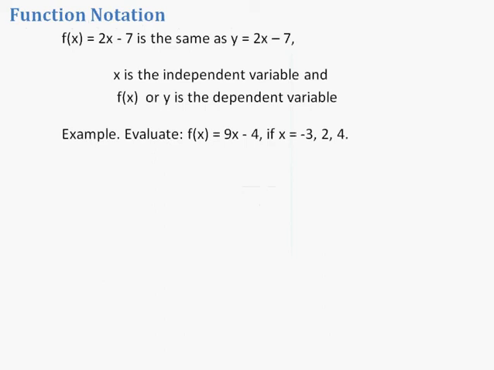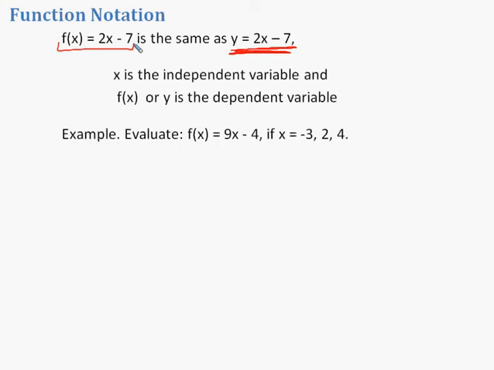Function notation. Oftentimes in algebra, we write things like this: y equals 2x minus 7. We have another notation where we have f of x equals 2x minus 7, or the function of x equals 2x minus 7.